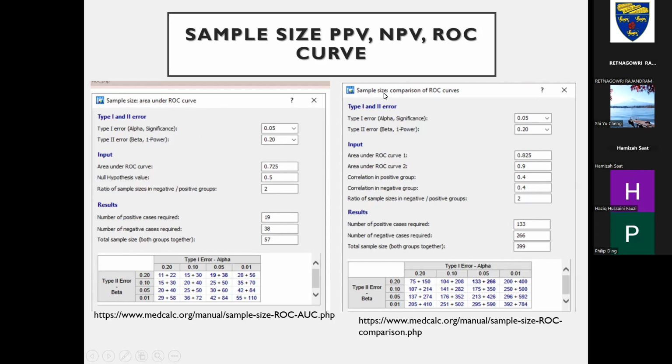Then you will actually use the comparison of two ROC curves. Okay, so then you key in what the ROC curve value for scoring system 1 is compared to the ROC under the curve for 2. And then you say what you think the correlation would be for your positive and negative, what you think the pickup rates should be, that rule out for positive and this.